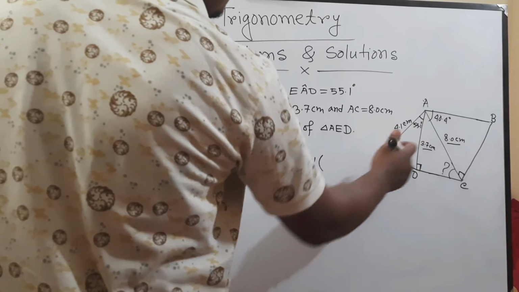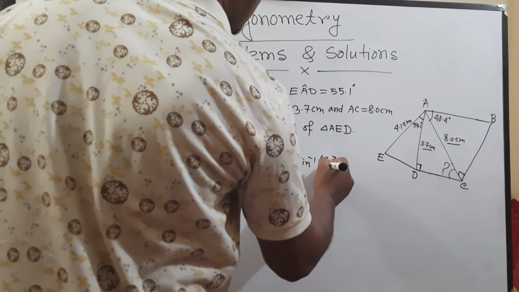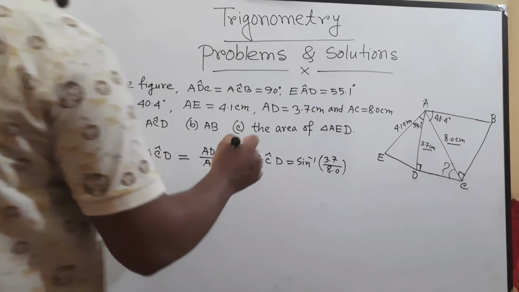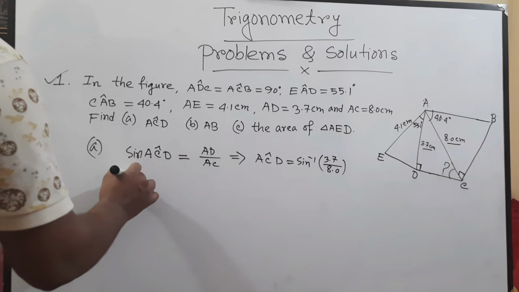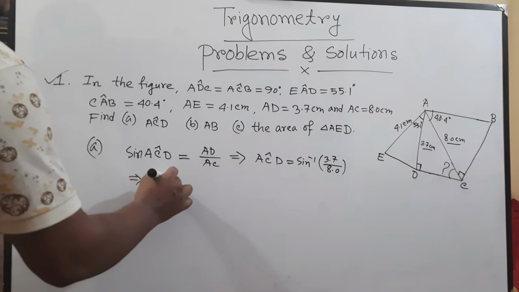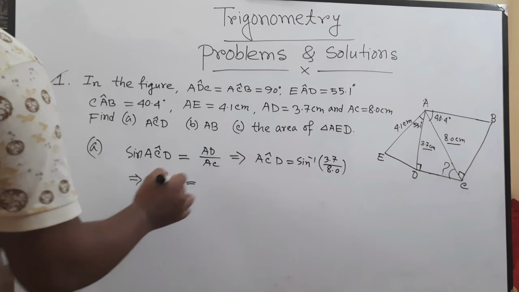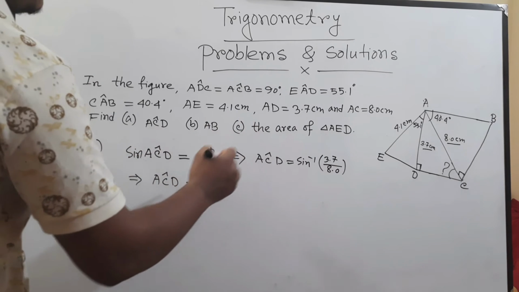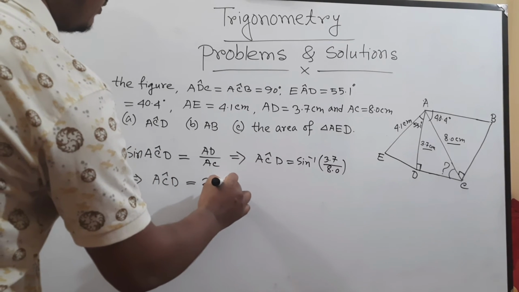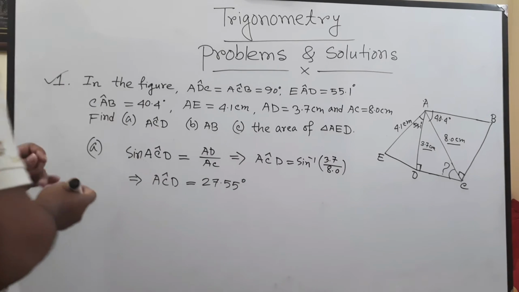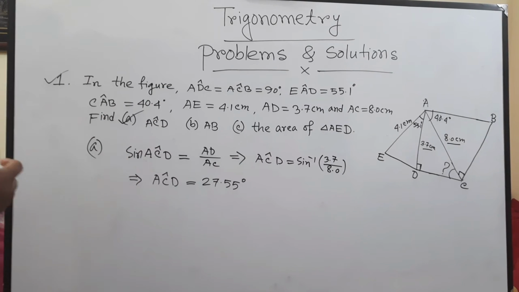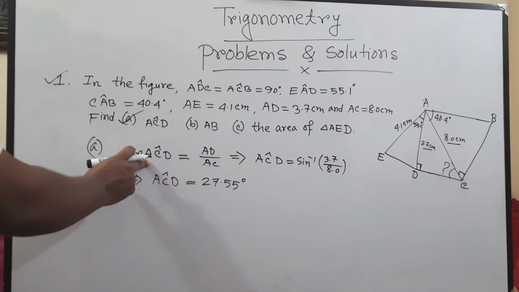The AD is 3.7 and AC equal 8. So now if we calculate this by using the scientific calculator, then we can write here angle ACD equal 27.55 degree. You should check by using the scientific calculator. So this is the number A. This is so easy. You just need to keep in mind the ratio for sine.